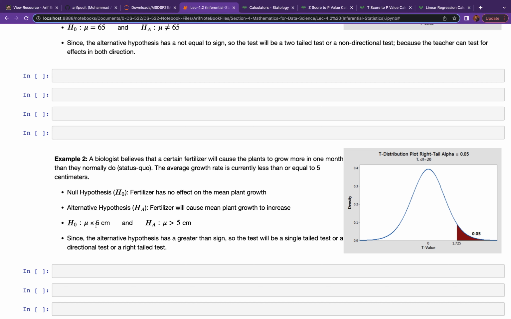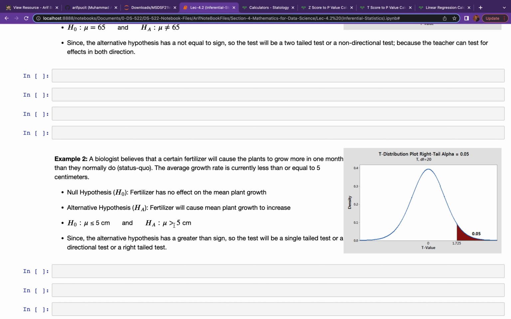So the null hypothesis in this case, which is the status quo, says that the fertilizer will have no effect on the average growth of plants and will stay the same, that is less than or equal to 5 centimeters. The alternative hypothesis or the research hypothesis says that the fertilizer will improve the growth rate of plants. So you can see HA: mu is greater than 5 centimeters.